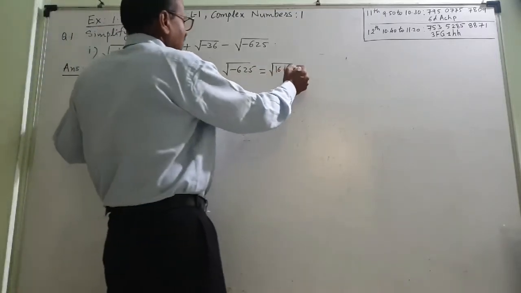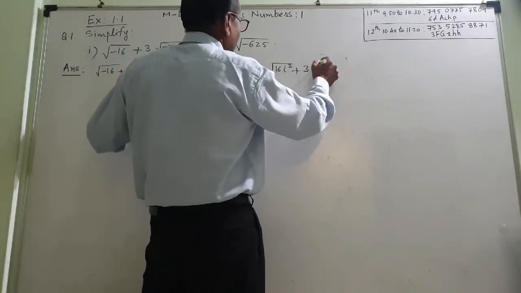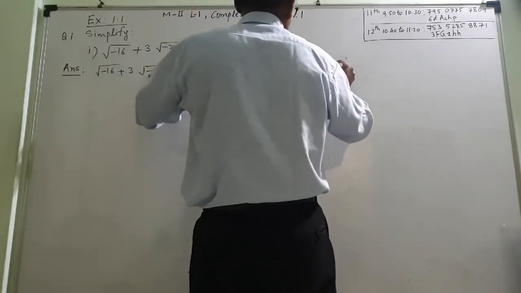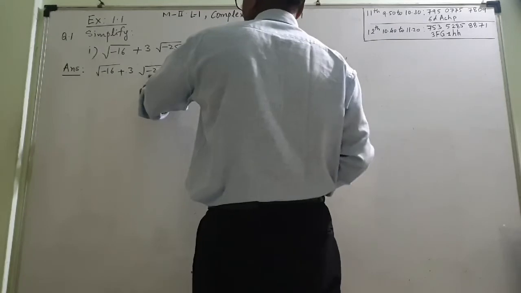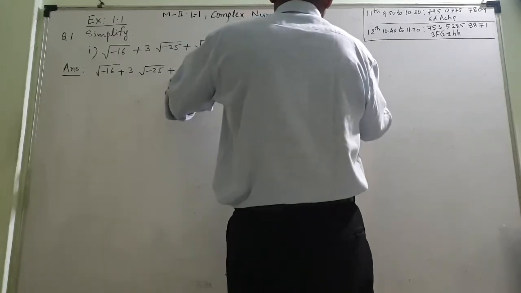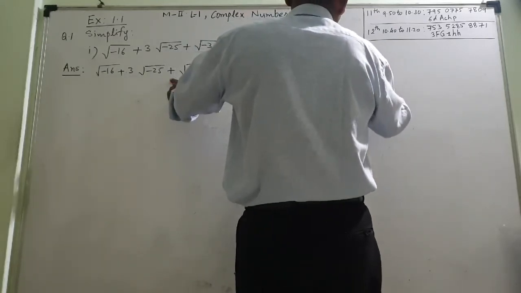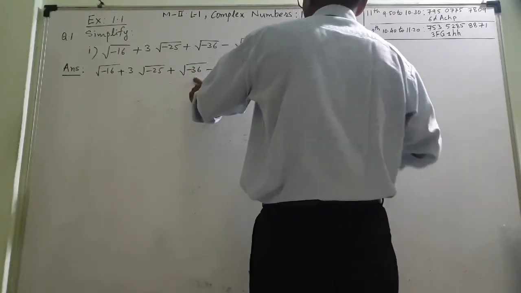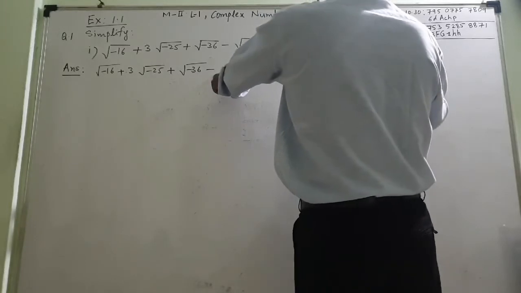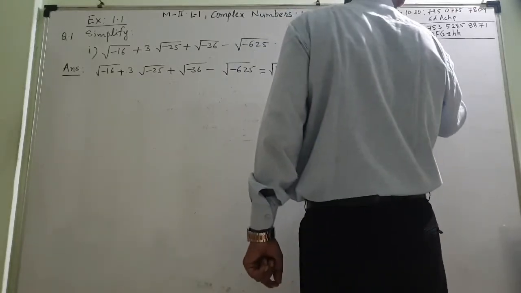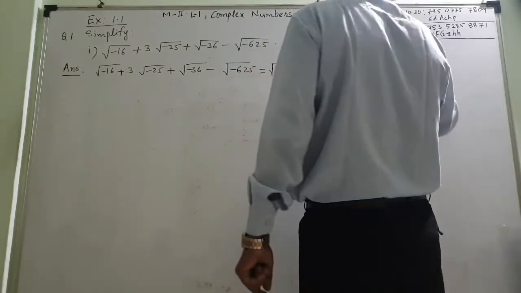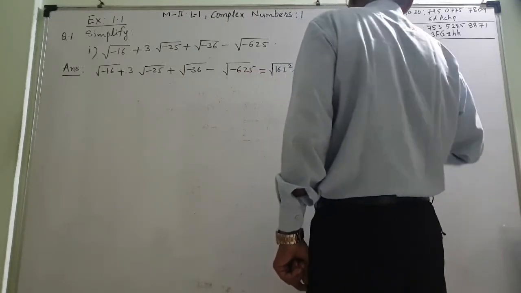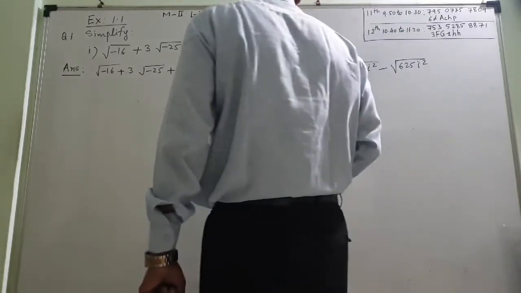Plus 3 under root of 25 into minus 1, which is i square. Plus under root of 36 into minus 1, so 36 i square. This is minus under root of 625 into minus 1, so 625 i square. Hope that you have understood this.